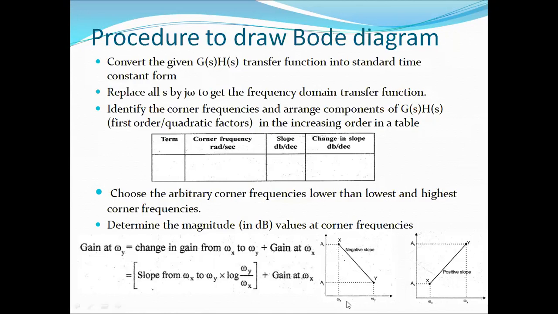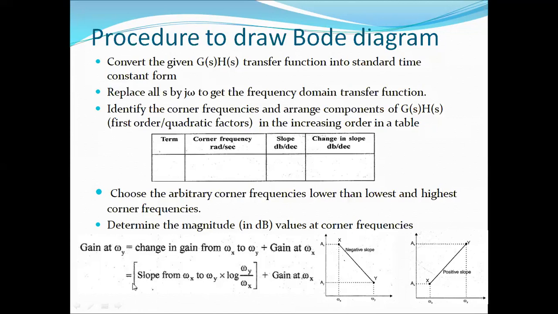Suppose I want to find the magnitude at omega y. For example, from the plot you can see, suppose we know the magnitude at corner frequency omega x. Suppose I want to find out the next magnitude for a corner frequency at omega y.